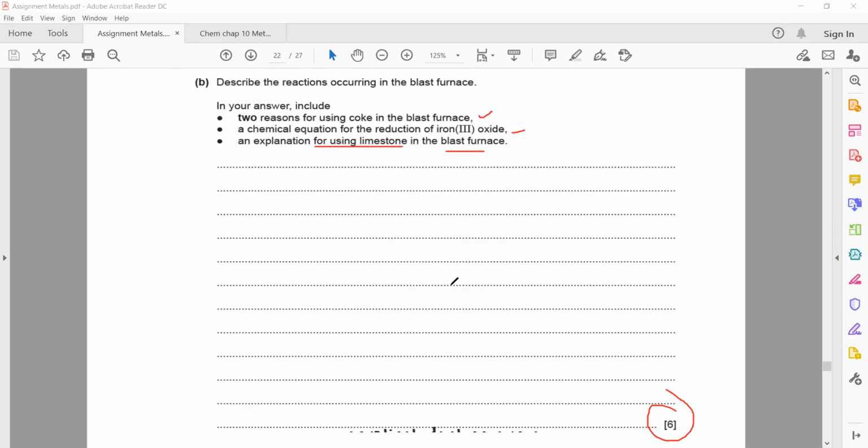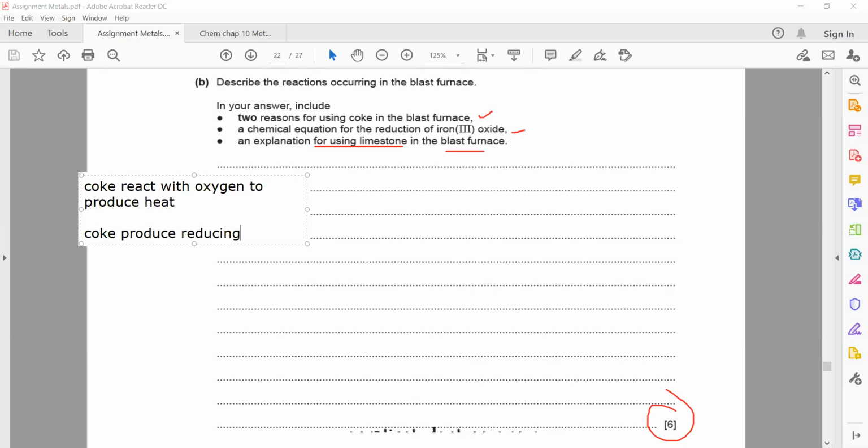So why do we use coke? First thing, coke reacts with oxygen to produce heat. That's one thing. And coke produces a reducing agent such as carbon monoxide.